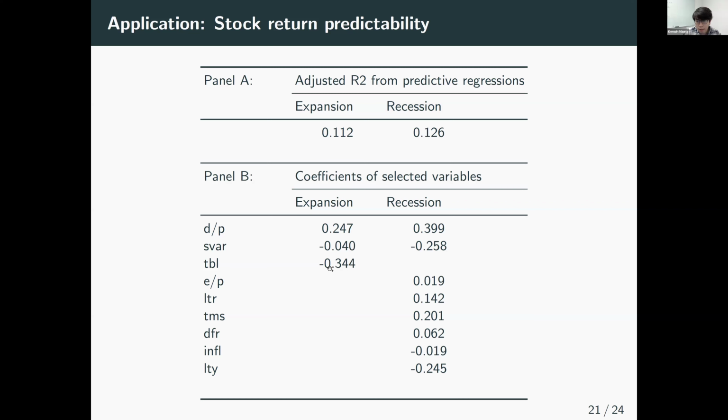So maybe the relatively higher R squared that I got over here could be due to the fact that the original variables they chose were not that relevant to begin with. And in terms of variable selection, we also see that more variables seem to play a greater role during recession, which does cohere with the idea that we have a greater degree of return predictability during recession as compared to expansion.